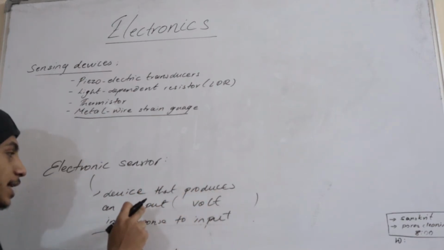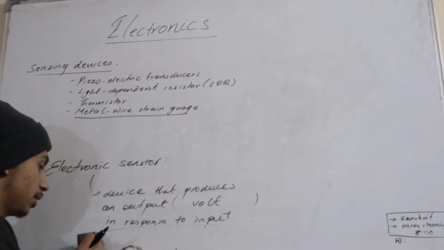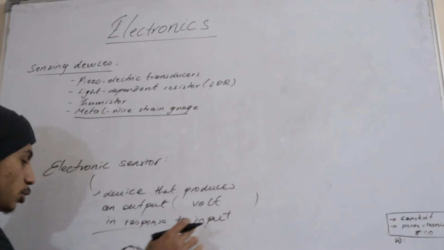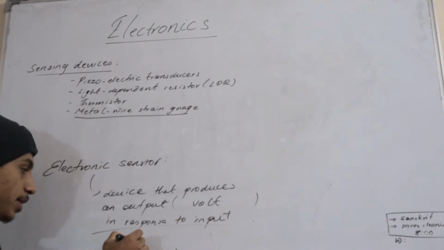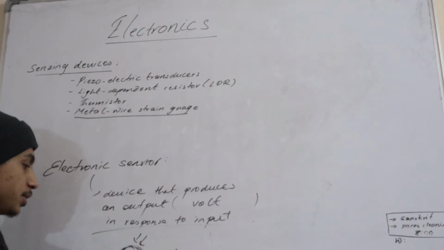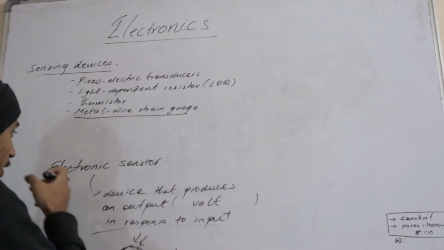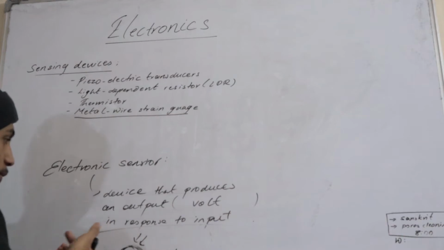So when you give input from here, it produces output as a volt. So this is one example of sensing devices and how it works.